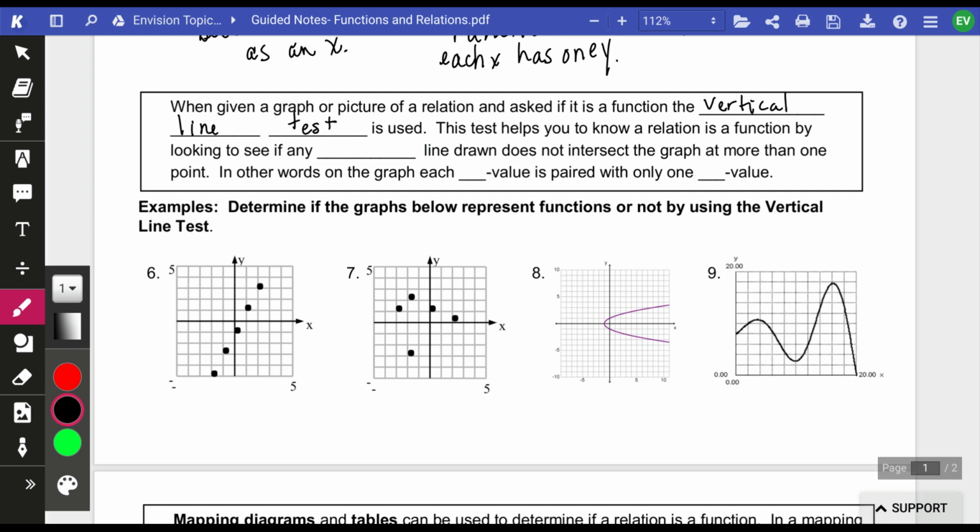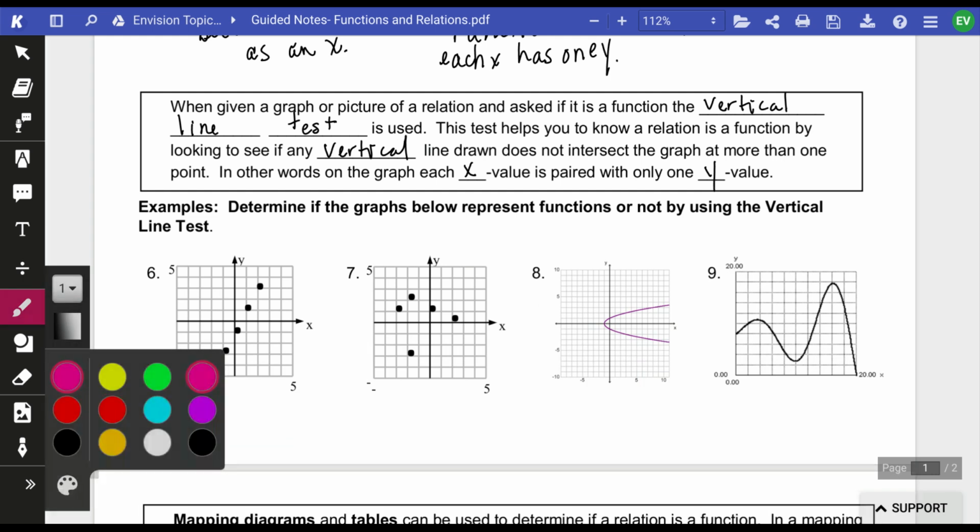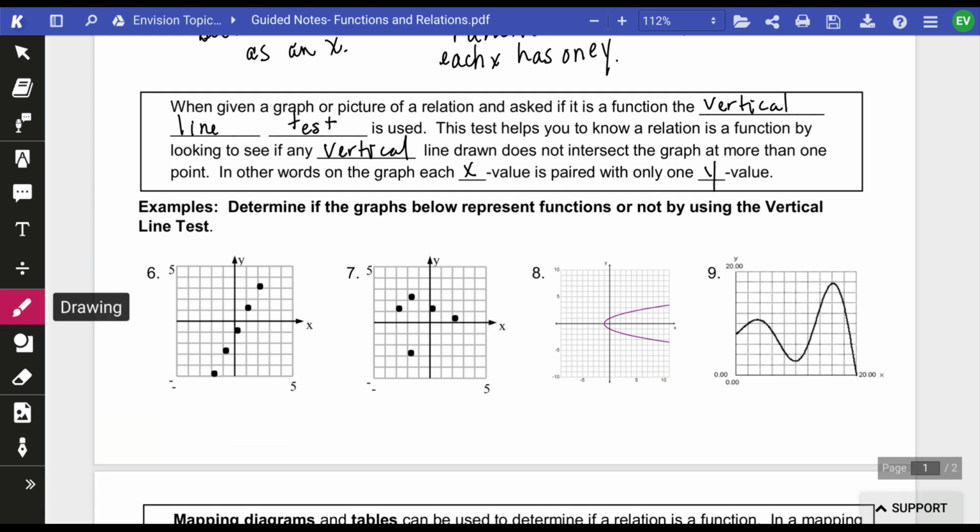This test helps you know a relation is a function by looking to see if any vertical line drawn does not intersect the graph at more than one point. In other words, on the graph, each x value is paired with only one y value. I'm going to make a pink line on each of these because that's what you do with the vertical line test. You're just going to draw lines.